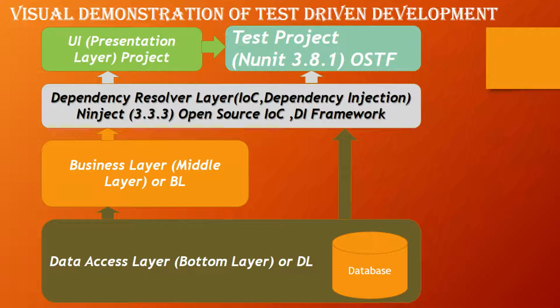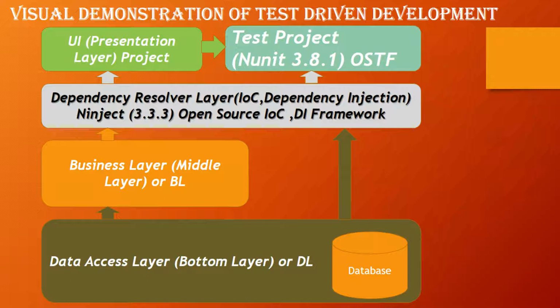So we are talking about test driven development, and I'm going to demonstrate how to do test driven development by using NUnit. In this project I will use the latest version of NUnit, that is 3.8.1.